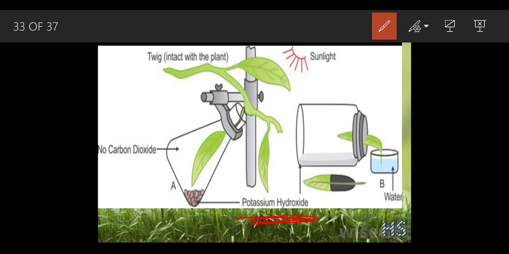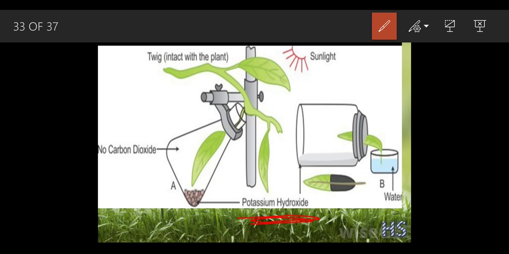So what happens, see, when we leave the plant in sunlight, leave the plant in the sunlight only for a few hours. After a few hours, try and test the presence of starch.